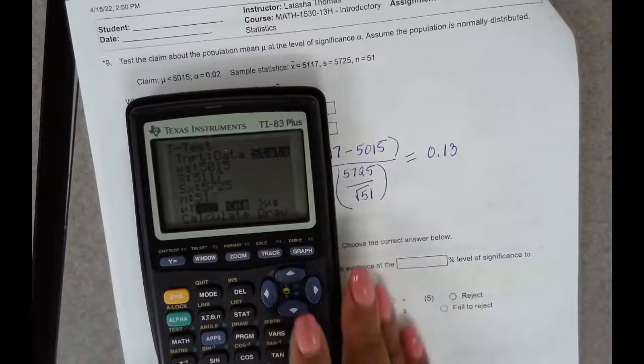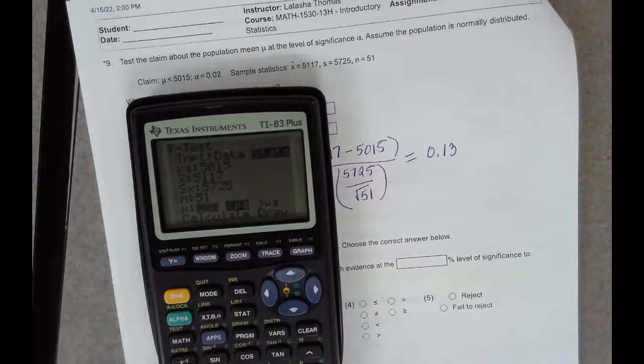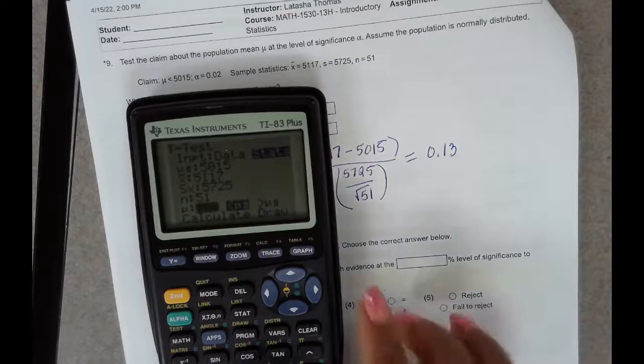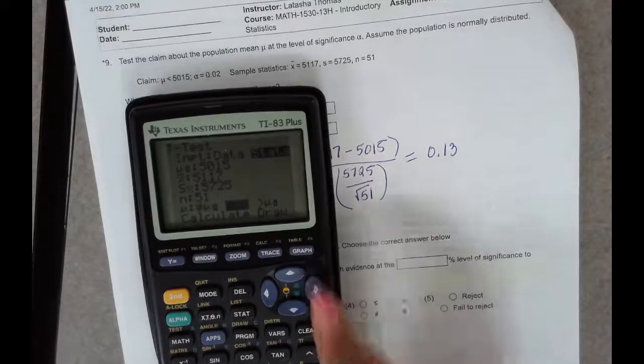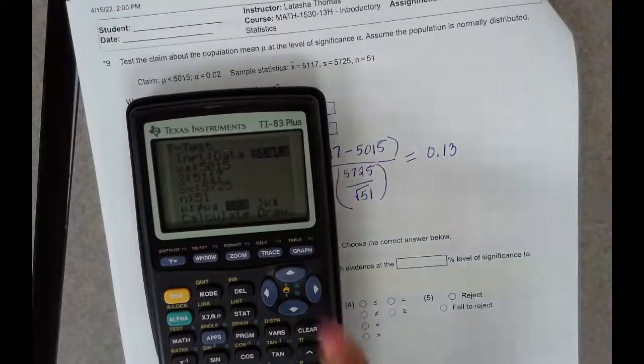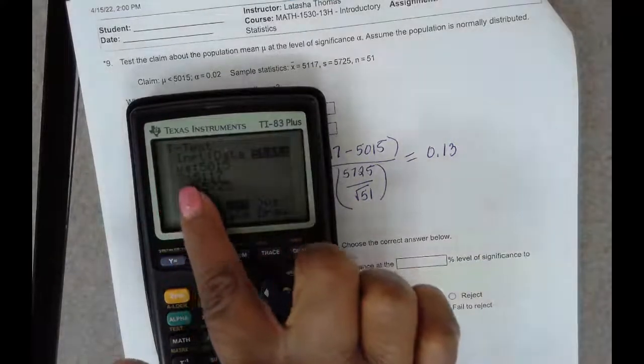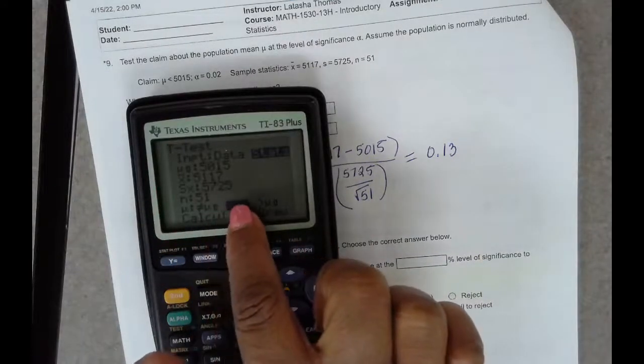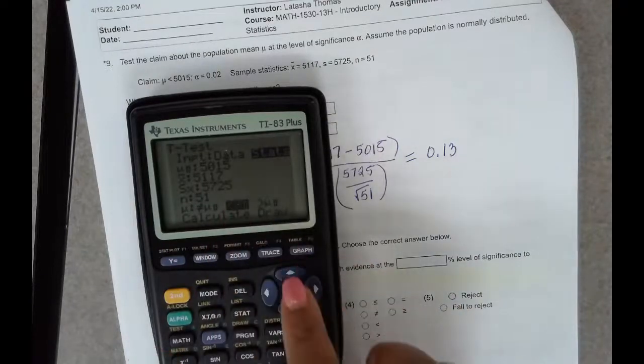And remember here, I need to choose based off of the alternative hypothesis. And since the alternative hypothesis is the less than symbol, I'm using the less than. Notice how this is the only one that is highlighted. That means it is actually being selected.